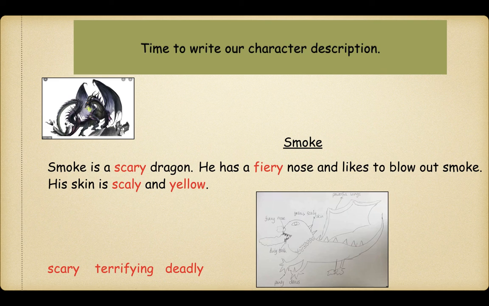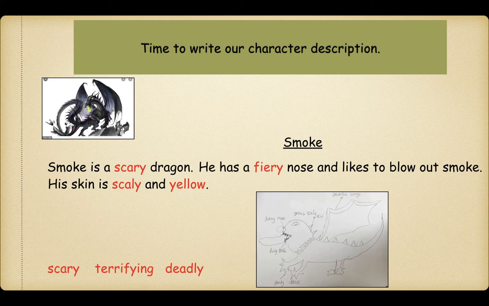So that's a really good description of what the dragon's skin looks like. His skin is scaly and yellow. If you look on your picture that you drew with your adjectives describing the noun, you could use one of yours and put your sentence there.